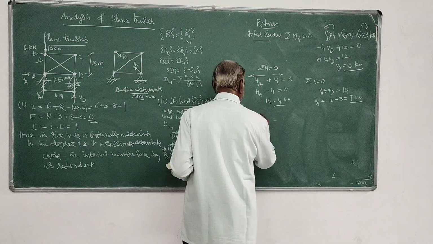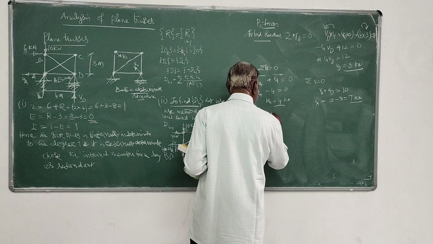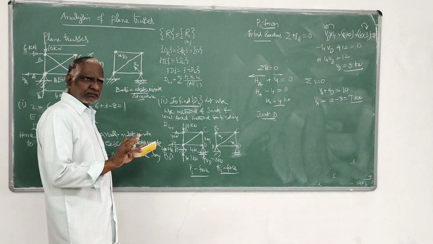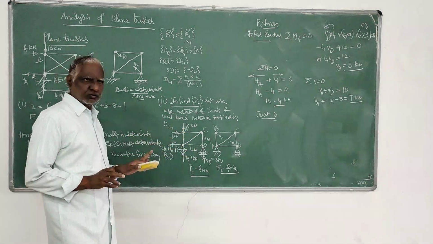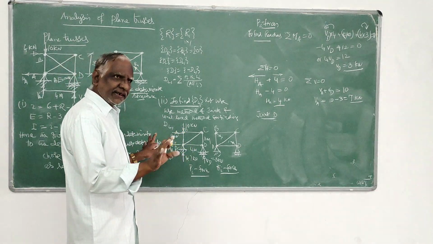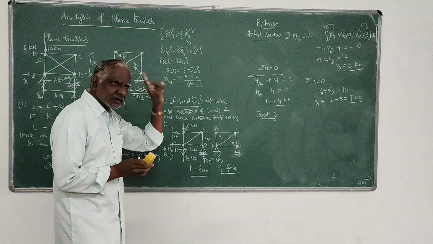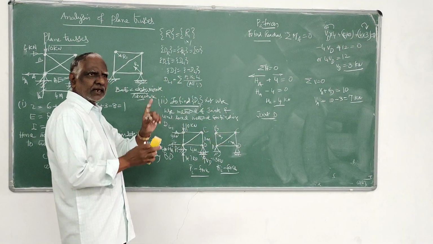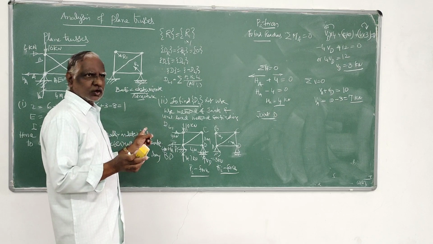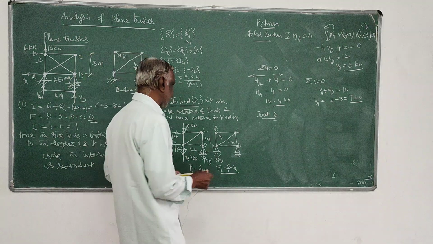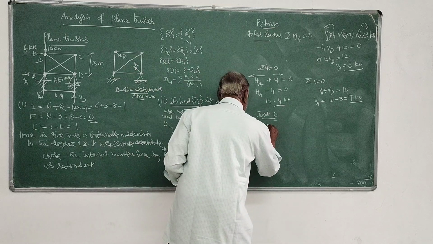Any time, while selecting the joint, you select those joints wherein not more than two unknown forces are there, because we are adopting only two equations of equilibrium. So joint D, I will take it.